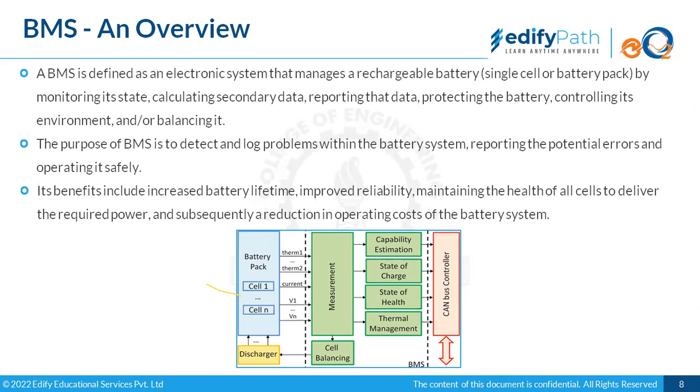If it is connected to the internet, you can receive data at your end and keep on analyzing, because at the end of the day, the performance of the vehicle depends directly on the performance of the battery. 70% of the performance of the vehicle is dependent on the battery only. So the data of the battery is equally important, or more important, than any other data.